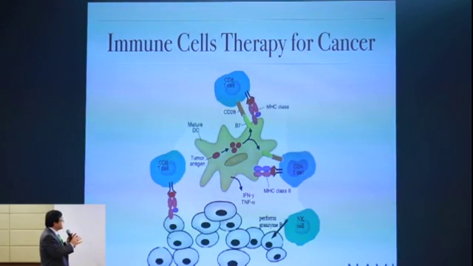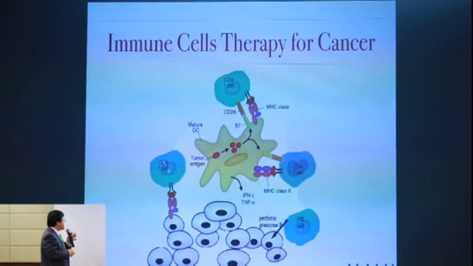The clinical application of the immune cells to treat cancer is shown in this figure. In our body, we have many different kinds of immune cells, but two kinds of them have the ability to kill tumor directly. One is CD8 T cells, the other is natural killer cells.